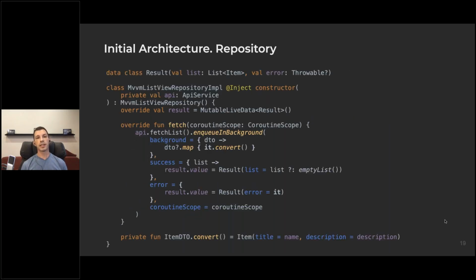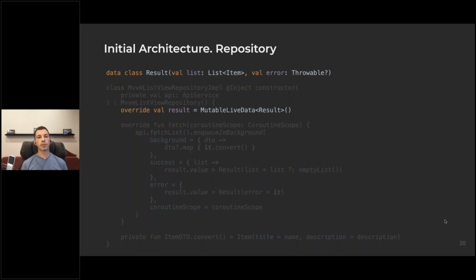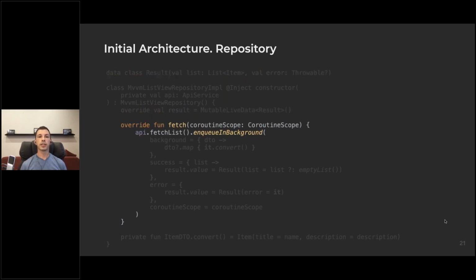Our repository looks quite complicated, but it's also simple. Actually, see, our repository in our initial architecture also exposes LiveData, and this is MutableLiveData. And it also has a fetch method using coroutines, and this fetch method basically calls the API.